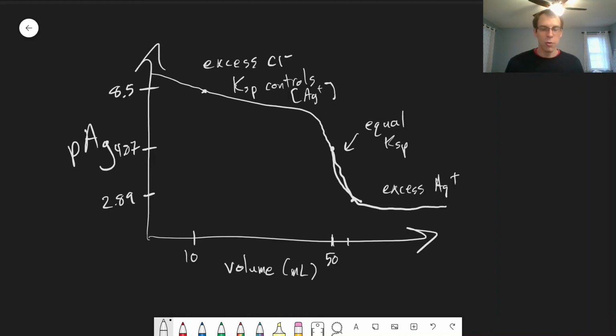And so what you're going to see is that it doesn't depend on the concentrations or volumes that you're working with. You'll always have the same value at the equivalence point. Now that's not true for before and after the equivalence point, and there will be differences depending on concentration for the same titration curve. But at the equivalence point, things will be identical for a given reaction.